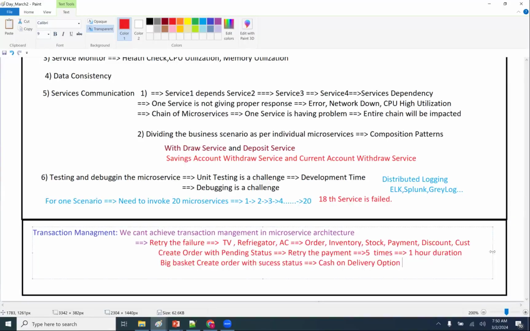Now you want to change to PhonePe or Google Pay. After 1 hour, you can change it, 2 times or 3 times. If on the second attempt you get success, then the order status will be success, and there is no need to pay cash on delivery. So they will not retry; they will give one more attempt to hit the payment again with your inputs.